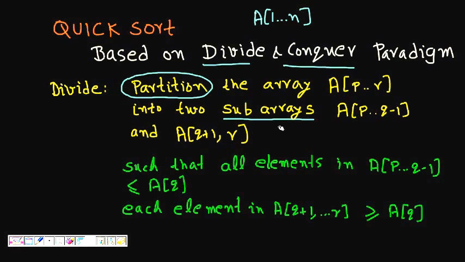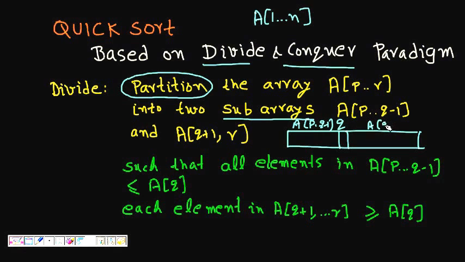So we somehow divide the array into two parts, and they are not equal. We have a qth element, and this is A[p to q minus 1] and this is A[q plus 1 to r].